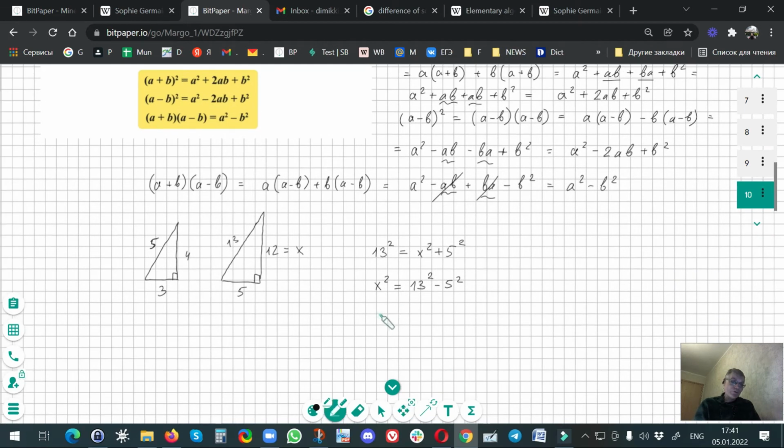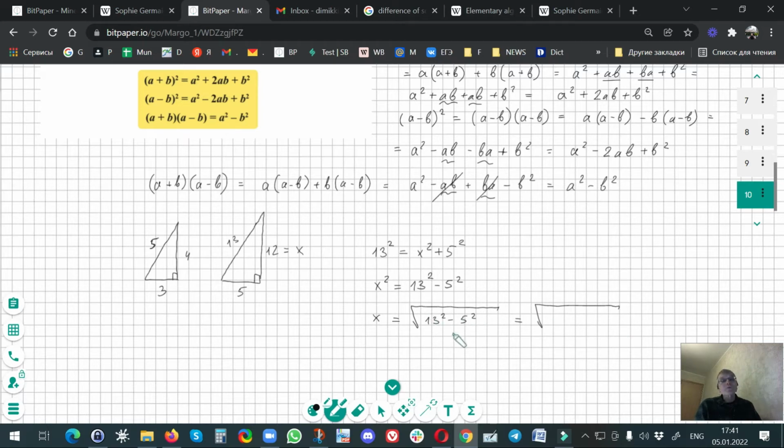Which in turn gives me x equals the square root of 13 squared minus 5 squared. It's true, it's not very difficult to multiply by hand to find those squares. Maybe somebody remembers those squares like I do. But the most useful thing to do is to use this last formula.